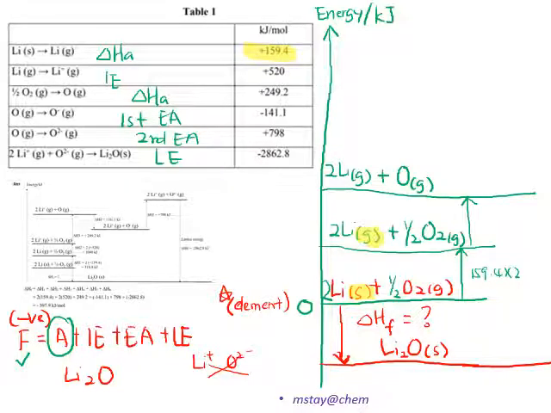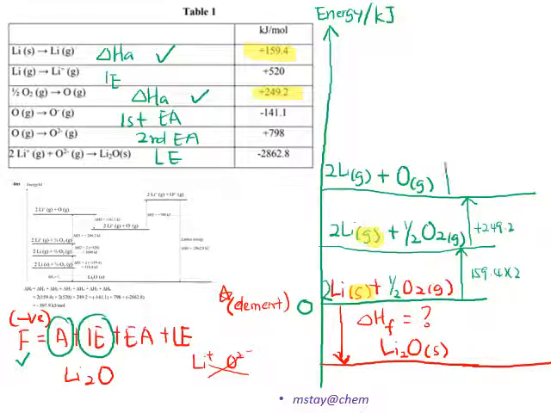We have already settled the atomization for the lithium, and the next one is the atomization for the oxygen, which is positive 249.2. So we can label over here, this is positive 249.2.